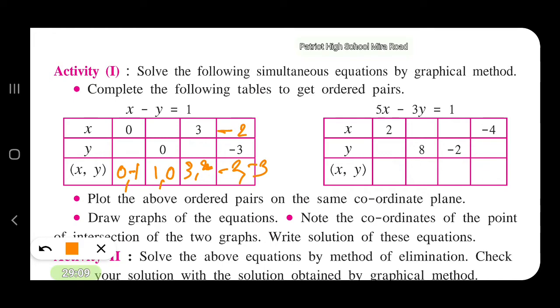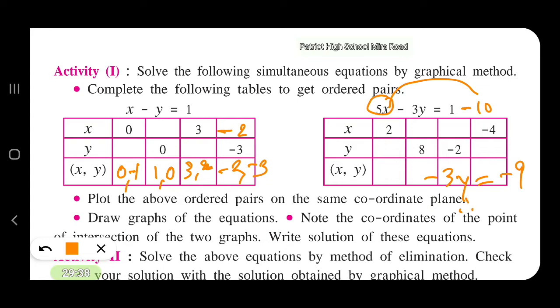Similarly, we have to substitute the values of x over here and obtain the different values of y. Suppose we have x is equal to 2, so it will become 10 minus 3y is equal to 1, so this will go over here, and it will be minus 10. Therefore minus 3y is equal to minus 9.